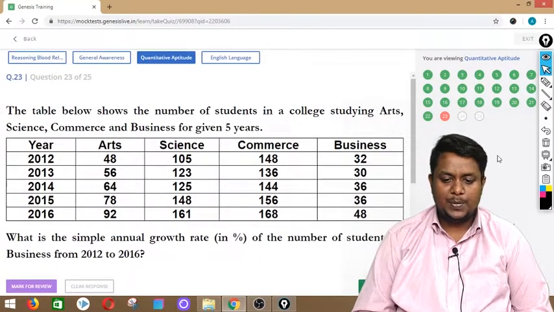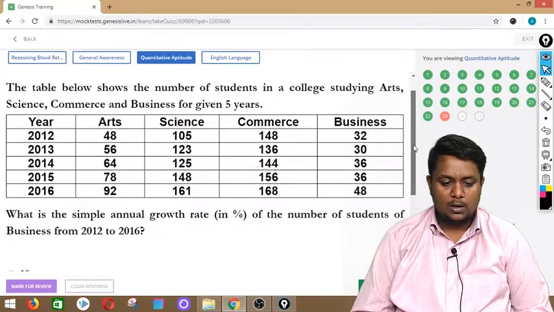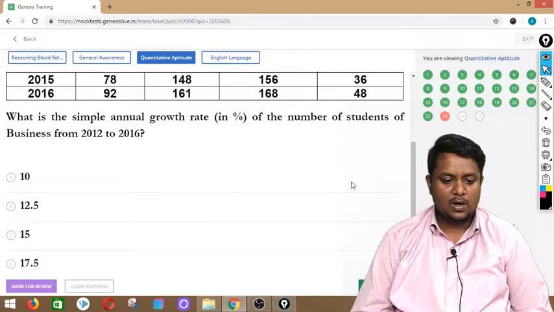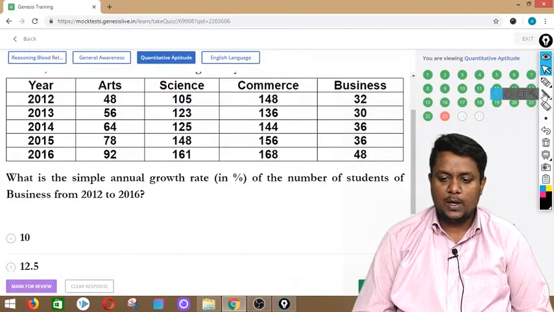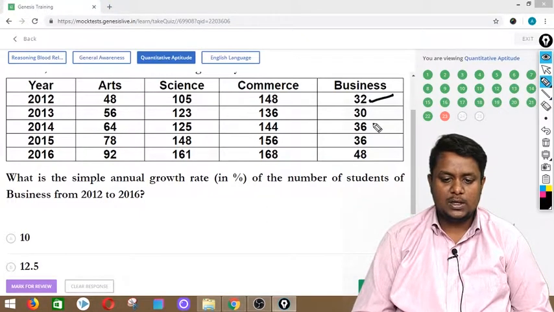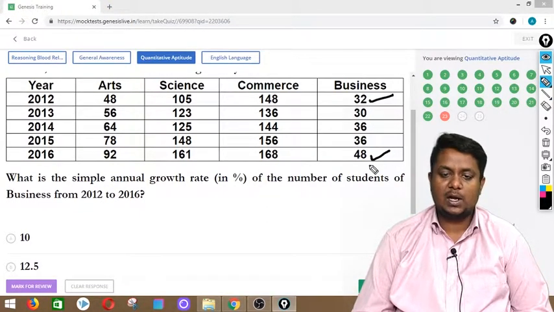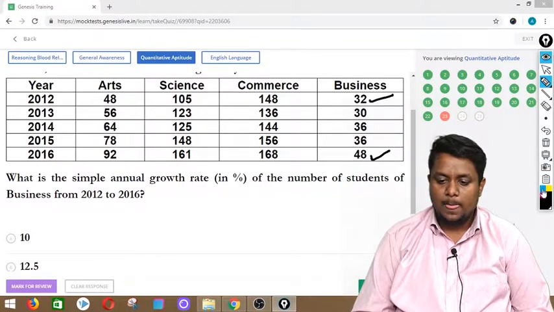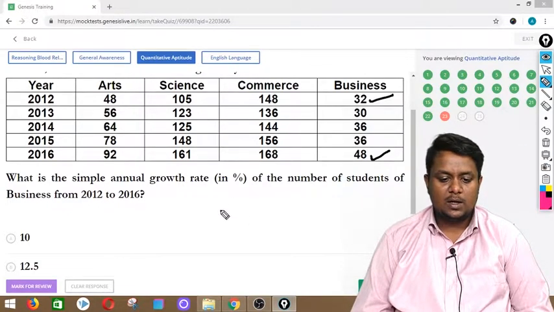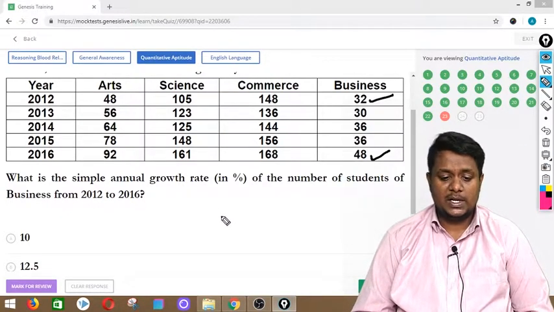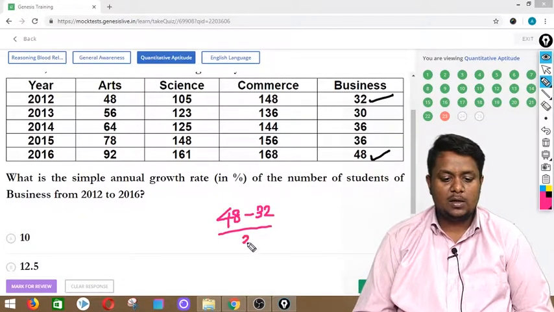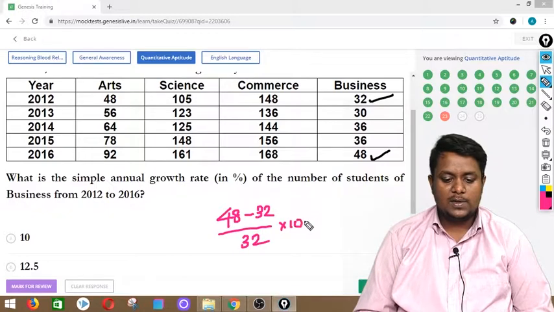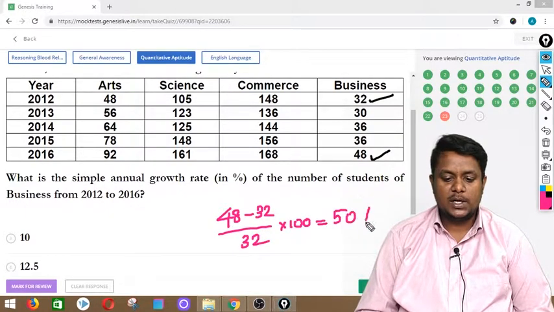So what is the simple annual growth rate of the number of students from business from 2012 to 2016? In 2012 there were 32 students in business, and in 2016 there are 48 students. So the overall percentage increase is 48 minus 32 divided by 32 into 100, which will give 50 percent.